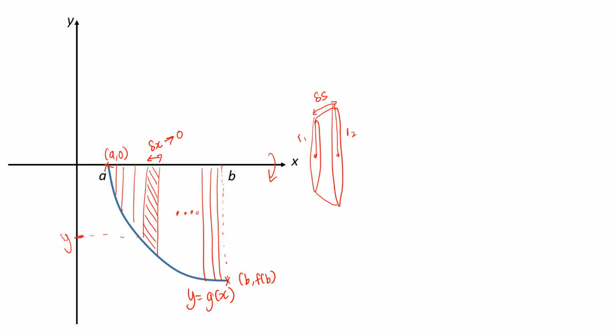Now, you have to be careful. If you look at this y value, it is negative because it's below the x-axis. So if you want to say that the radius is y, it is not correct, because the radius should be negative y.